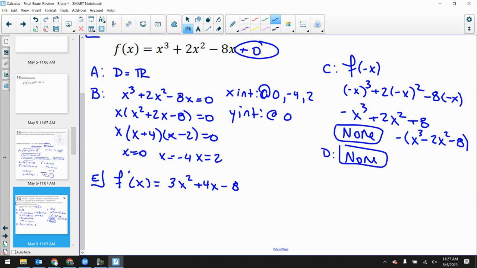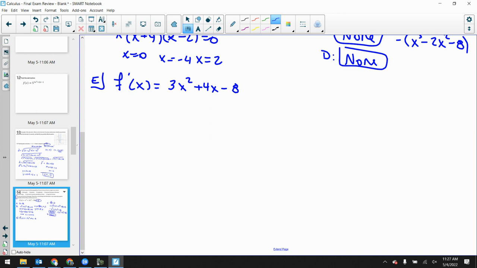I need to find the zeros of that, to find where the possibilities of maximum and minimum values could occur, and where it switches from increasing to decreasing. So this becomes 3x squared plus 4x minus 8 equals 0. Now, I don't know about you guys, but I don't want to take the brain power to try to factor this and have it not work.